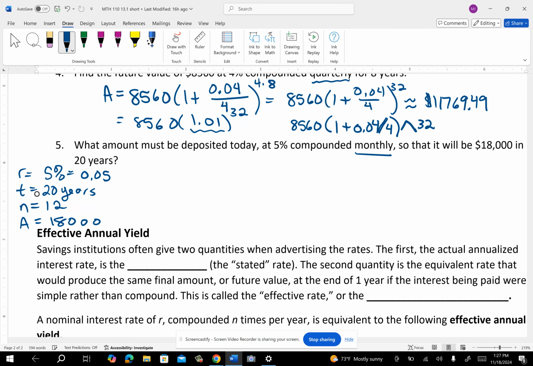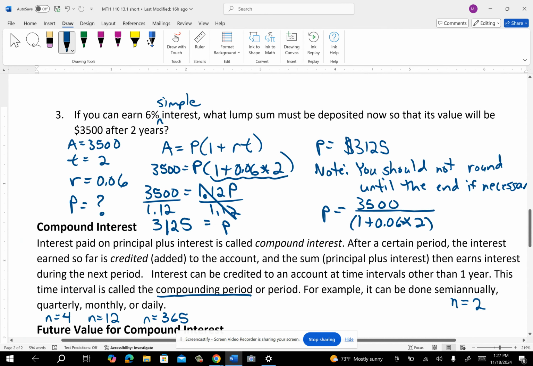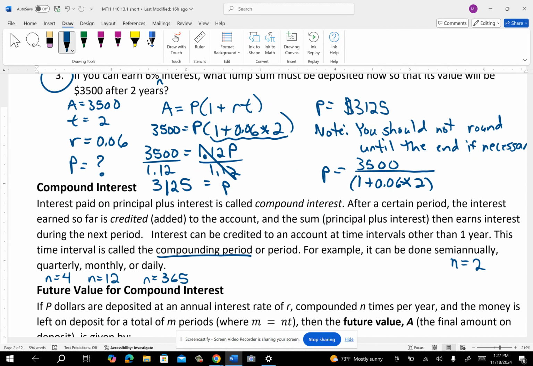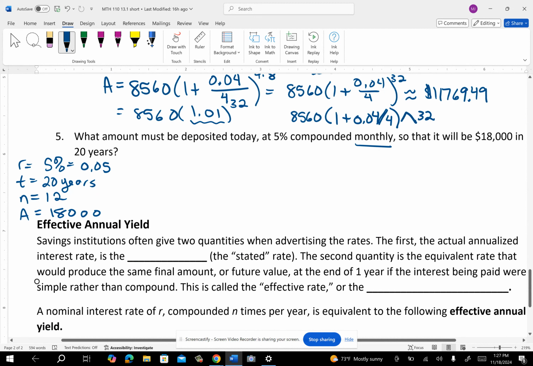So this is kind of like the question we did here, number 3. We know our A, we're looking for our P. Okay. All right, so my A, I know, let me just plug in. My A is 18,000.